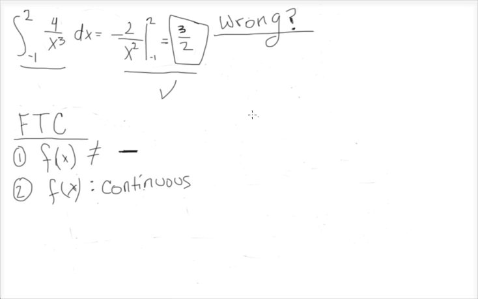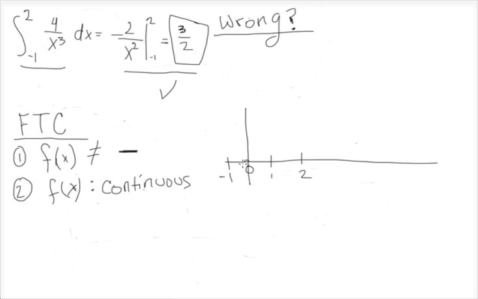Now if we try to graph this, and if you use your graphing calculator, you'll see that between -1 and +2, if we plug -1 in for x, we get -4. If we plug 1 in for x, we get +4. If we plug 2 in for x, we get 4/8 or 1/2.